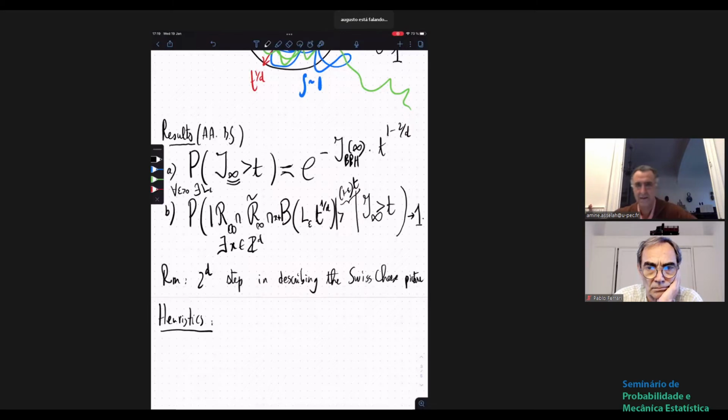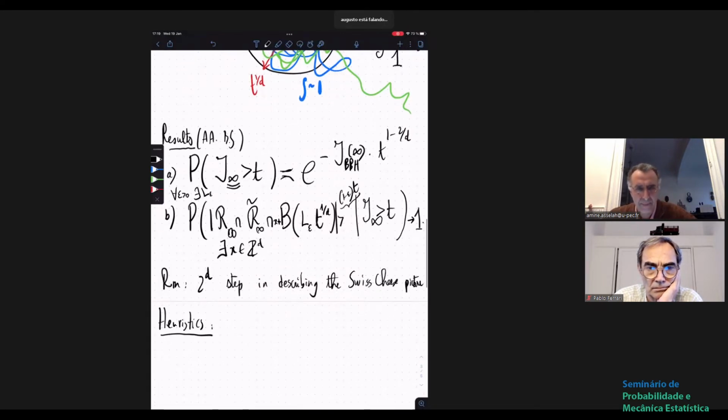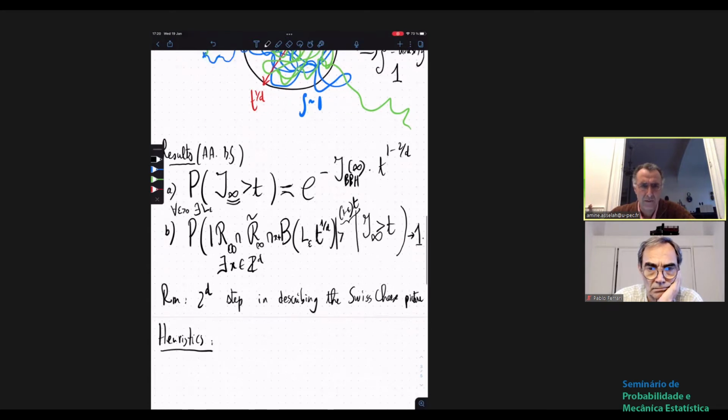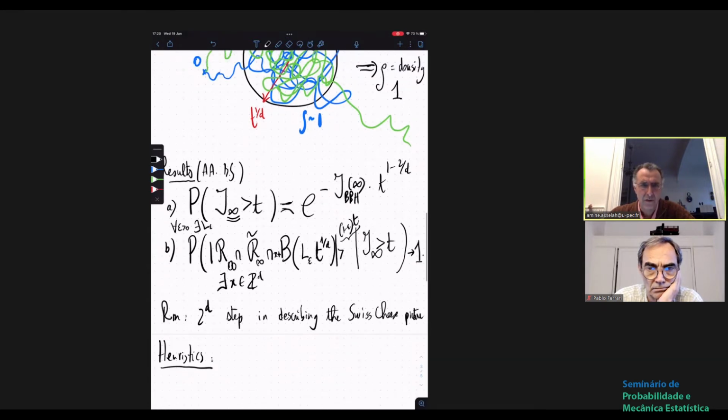Sorry, I have a question. Is the upper or lower bound in A much easier than the other? I imagine if you have the picture of the Swiss cheese in mind, the lower bound could be slightly easier. Yeah, the lower bound is already contained in Bolthausen, BBH.